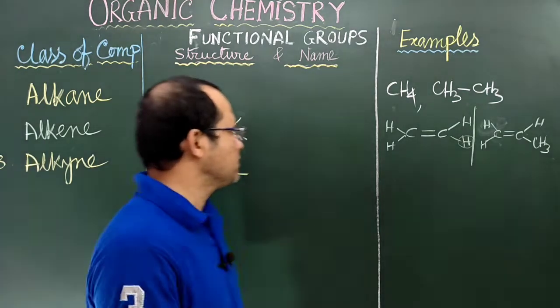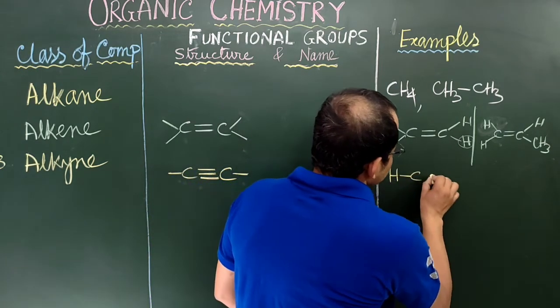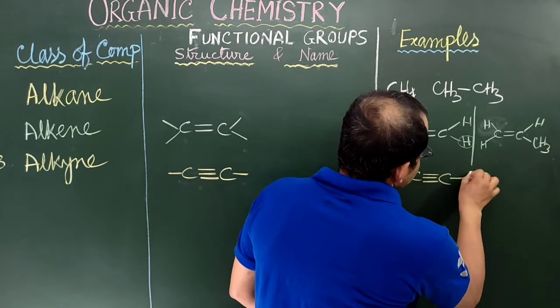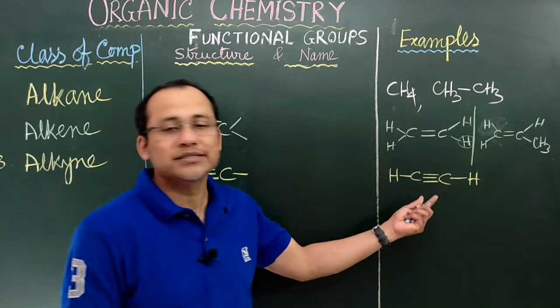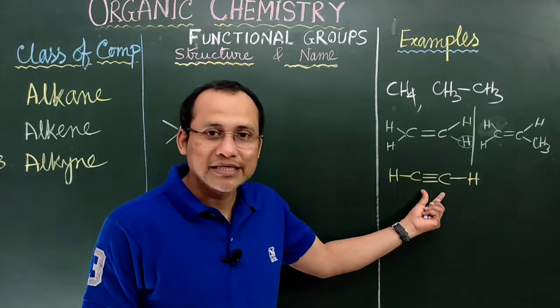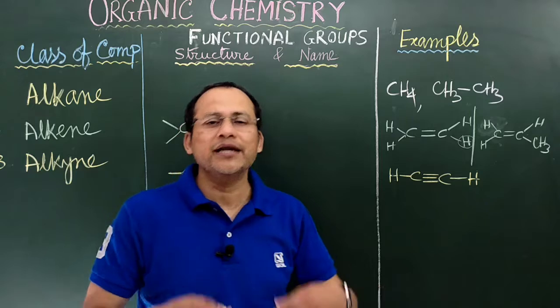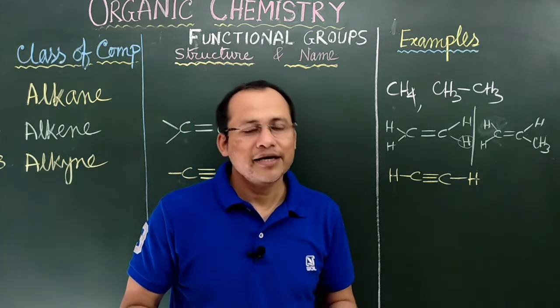Let me define with an example. If we put hydrogen along with carbon, this will be the structure, and this is the simplest alkyne, known as acetylene. If we replace this hydrogen and this hydrogen by other groups, then we shall have different alkynes.